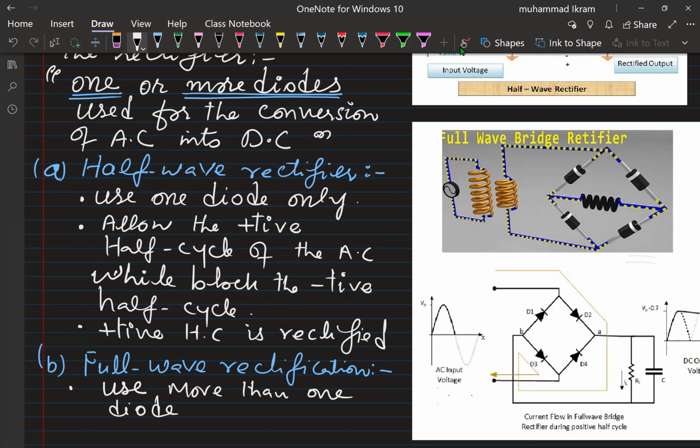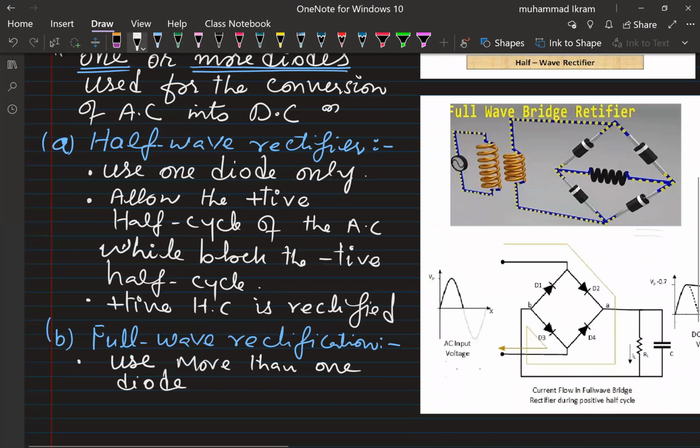An example of this is called the bridge rectifier. That is called the bridge rectifier.